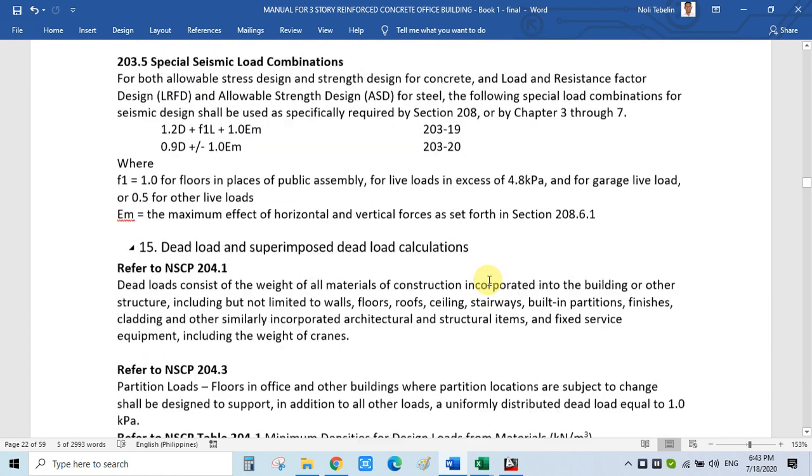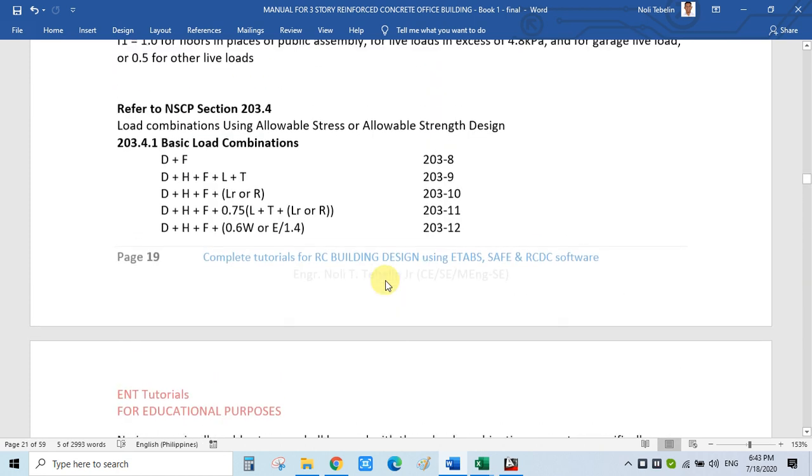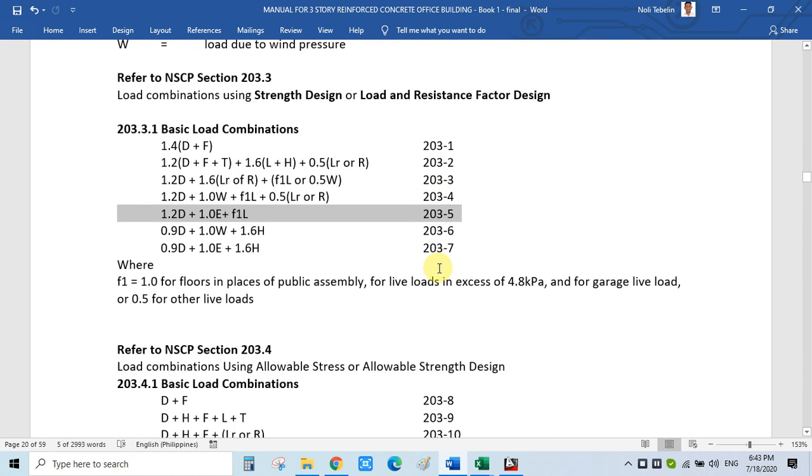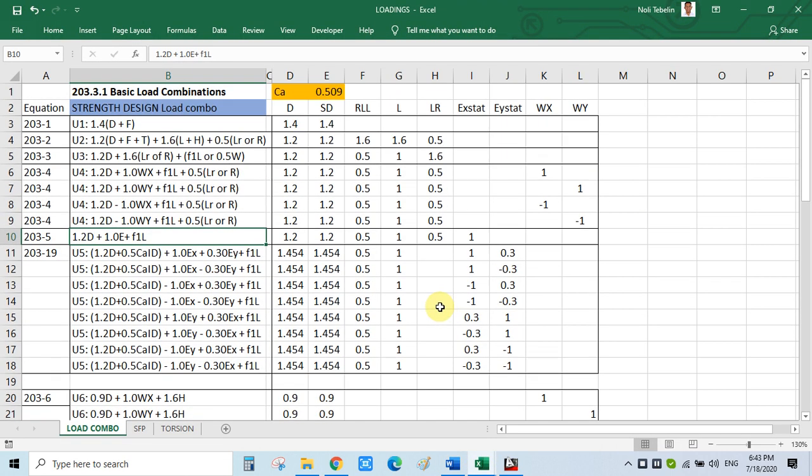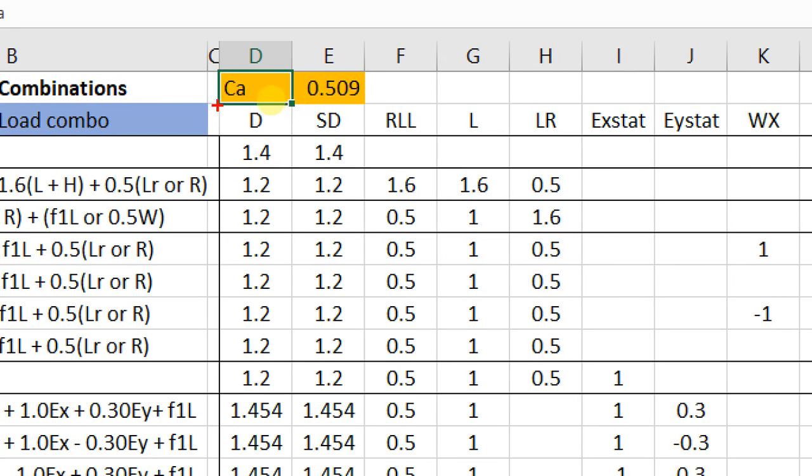Ang gagamitin natin is yung special seismic load combination. So, suppose we have Ca 0.509, then yung dead load natin dito at yung superimposed load ay mag-a-add tayo ng 0.5 CaID. And we will add the orthogonal effect dito.